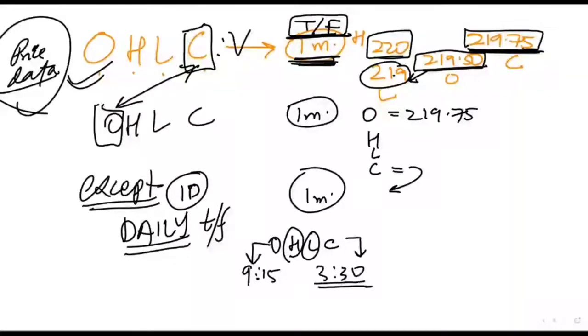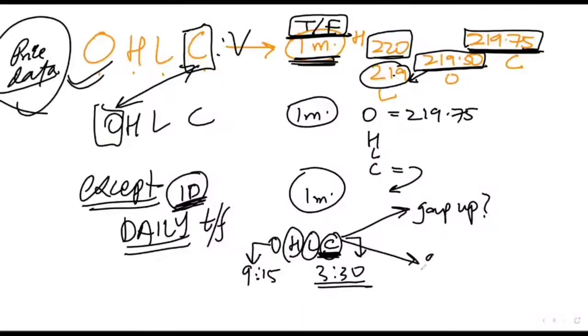Now, when the market closes on this day, the next candle will form not on the same day, but the next day, isn't it? So next day, can it be that the stock does not open exactly at the same price where it closed the last day, but it opens gap up? It can possibly happen.